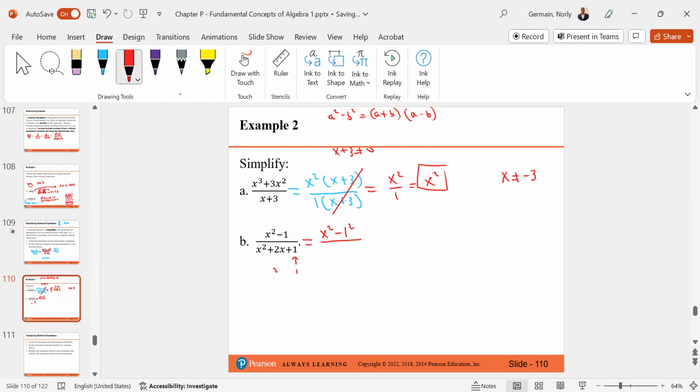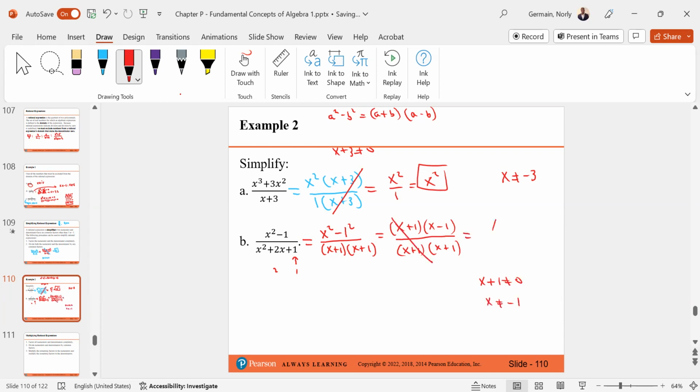So we're going to have x plus 1 times x plus 1 on the bottom, and the top one would be x plus 1 times x minus 1, over x plus 1 times x plus 1. Because we said x plus 1 is not equal to 0, meaning x is not equal to negative 1, we can cancel these two.